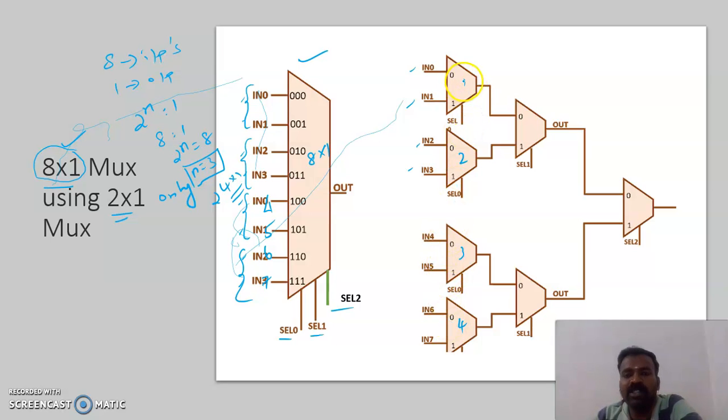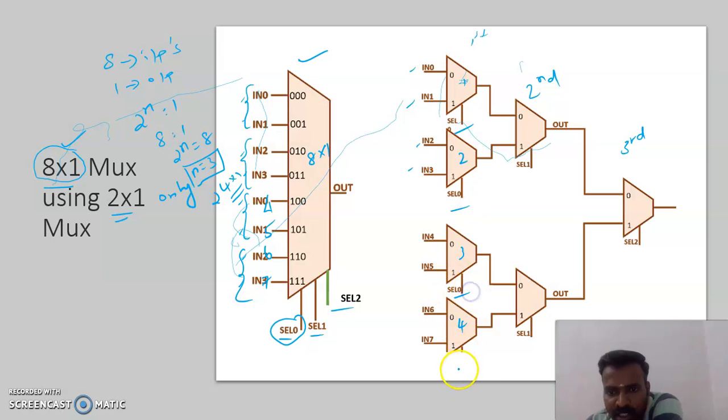Now this is a 2x1 multiplexer, so we need only one selection line. I take the first selection line, select 0, for this first level of multiplexers. This is the first level, this is the second level, and this is the third level. So select 0, select 0, select 0, and this is also select 0.